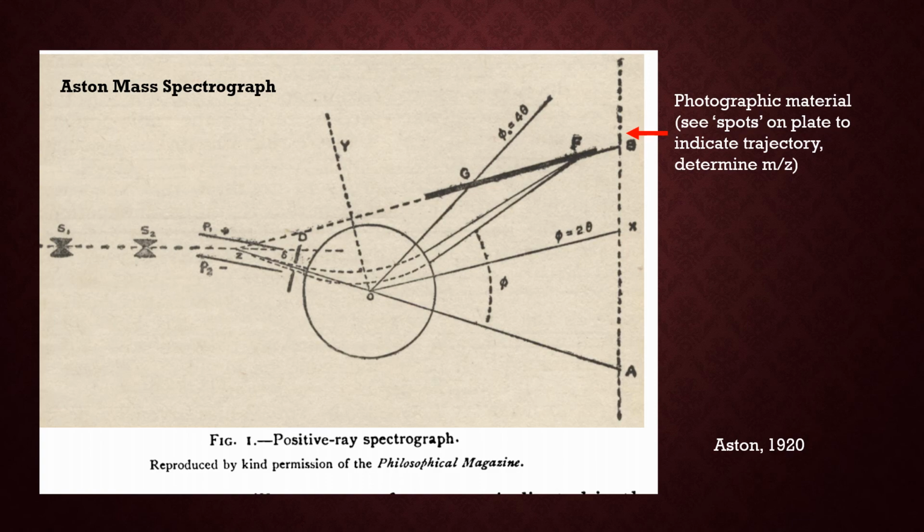So in the previous slide, I showed a mass spectrum that looked a little bit like a line spectrum from, say, an arc. So the UV visible, the Balmer series, for example. And there was a similarity in terms of the way the mass spectrograph determined or measured the spectrum.